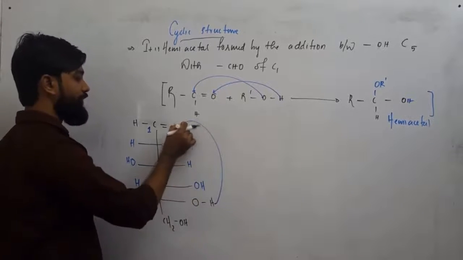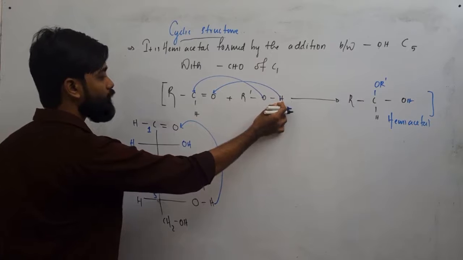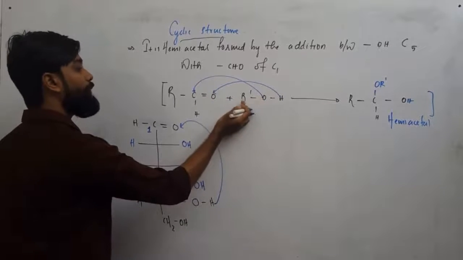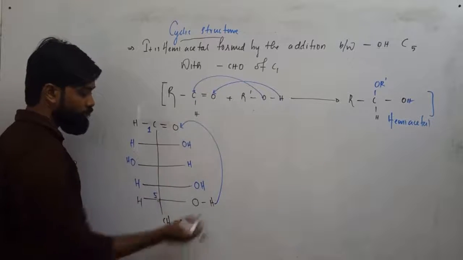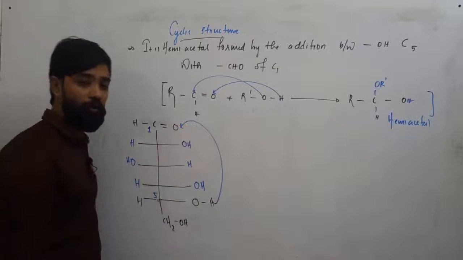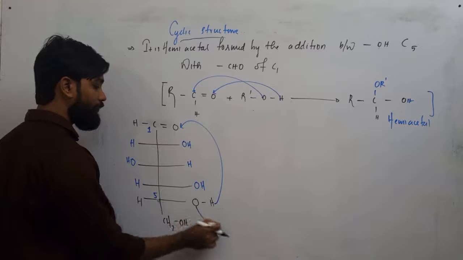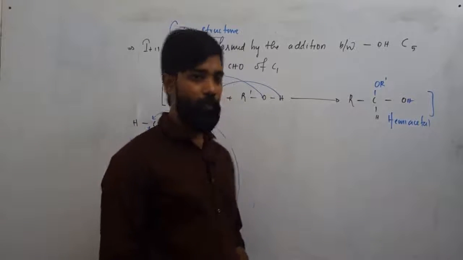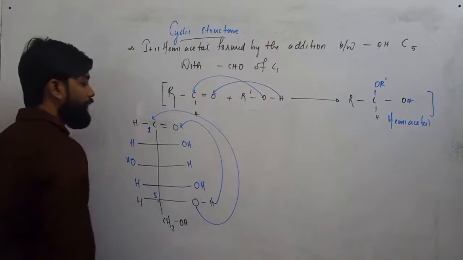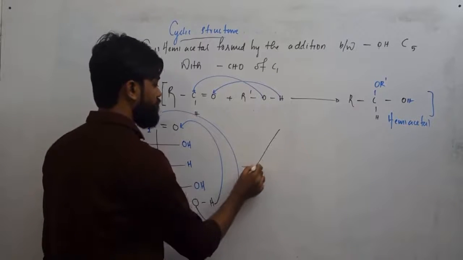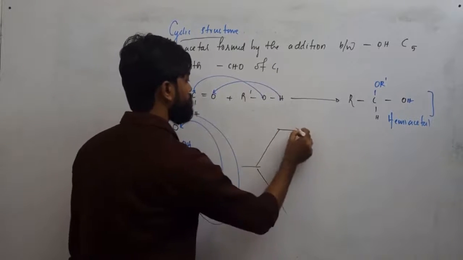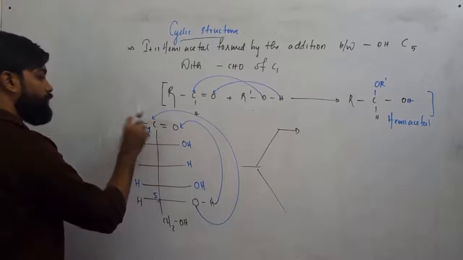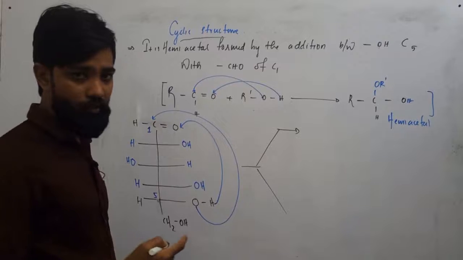When the alcohol is added to the aldehyde, the H is added to the oxygen and the remaining part forms a bond with the carbon. Ready? And we obtain a structure something like this. Now the first carbon becomes a chiral carbon, right?